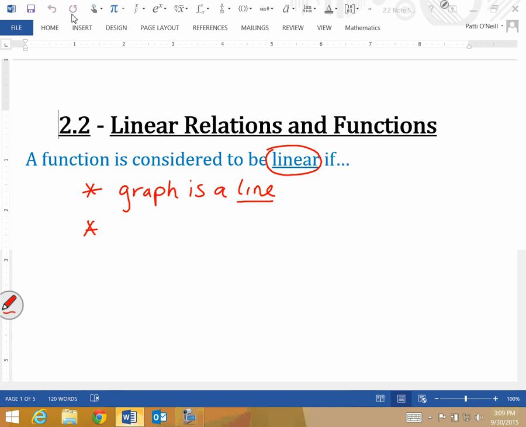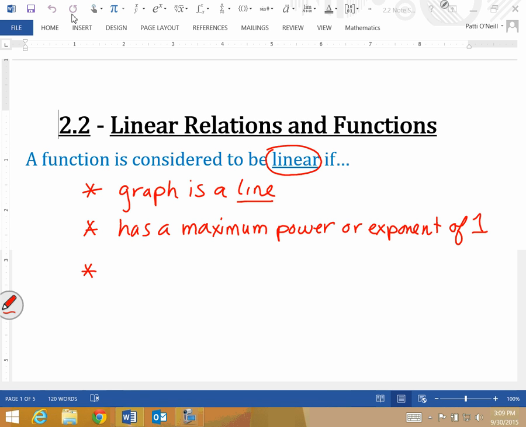When it's written out in either slope-intercept form or standard form, it has a maximum power or exponent of 1 on the variables that are dealt with in the function.